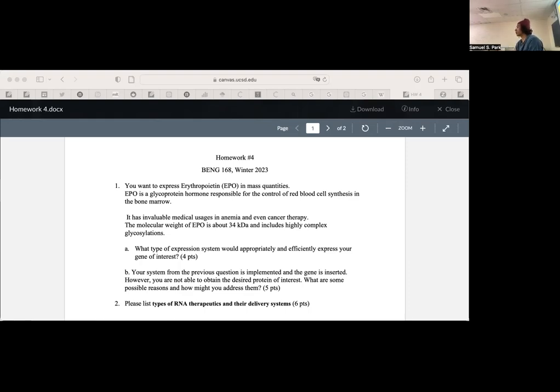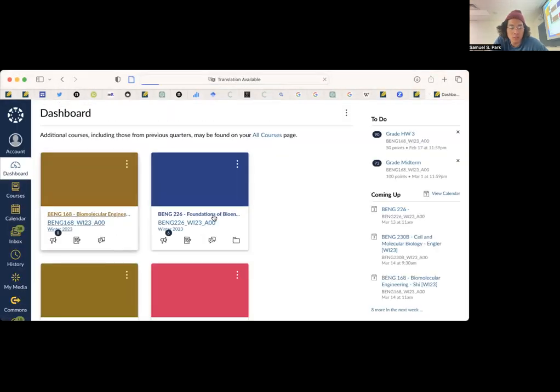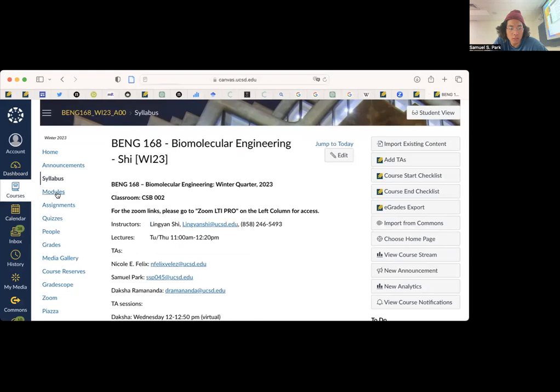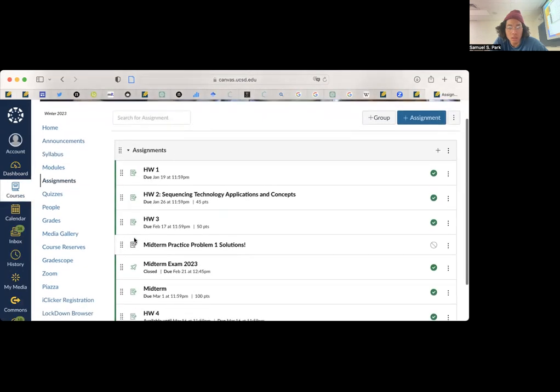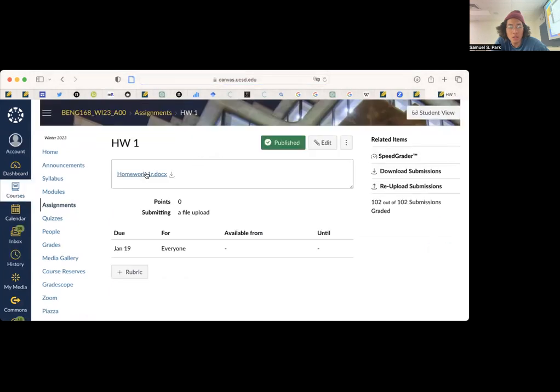The question is to list how alternative splicing can lead to some kind of phenotype. I could look up the question too. 3B: provide an example of how alternative splicing is implicated in a specific disease.